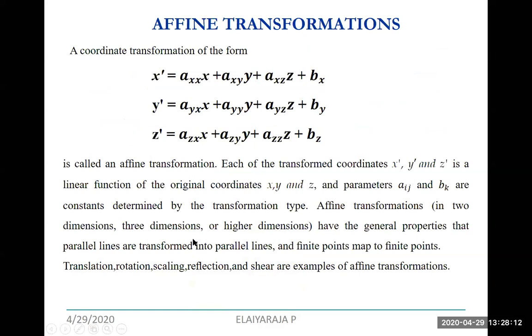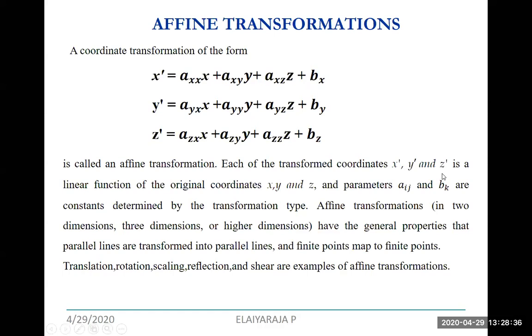Basically, the coordinate transformation of this form, where the linear transformation changes, is what we call an affine transformation.